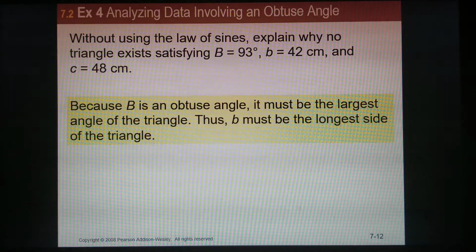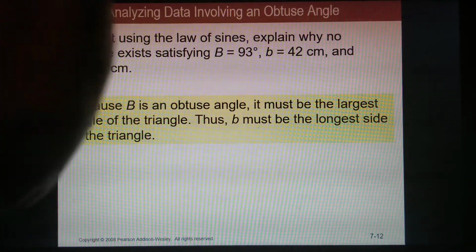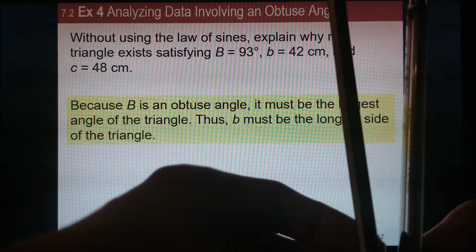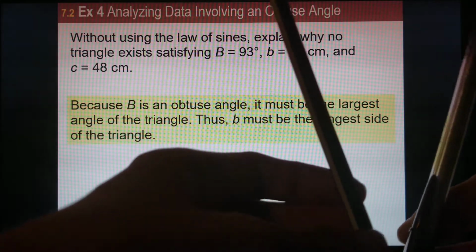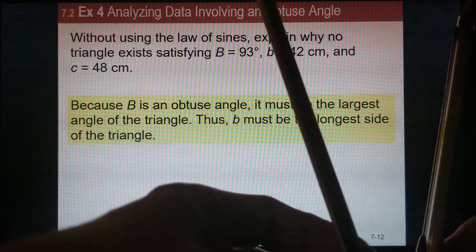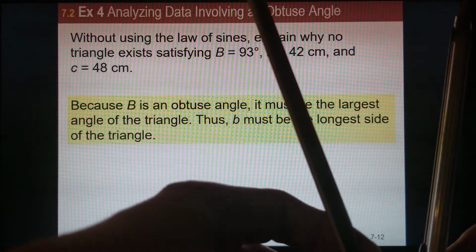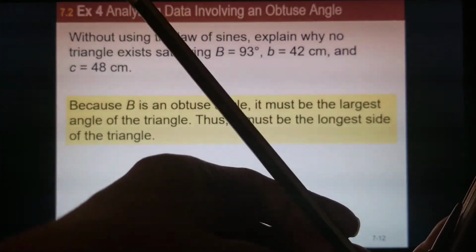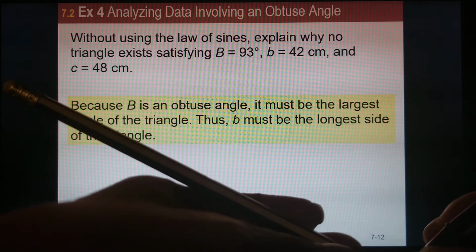Therefore, and here I go. If I have these two here, say at 20 degrees, and I'm looking at the ends, they're pretty close together. And if I go out wider, then they're going to be further apart at the ends of the pencil. If I keep going and keep going, see, the larger the angle, the larger the side opposite it.